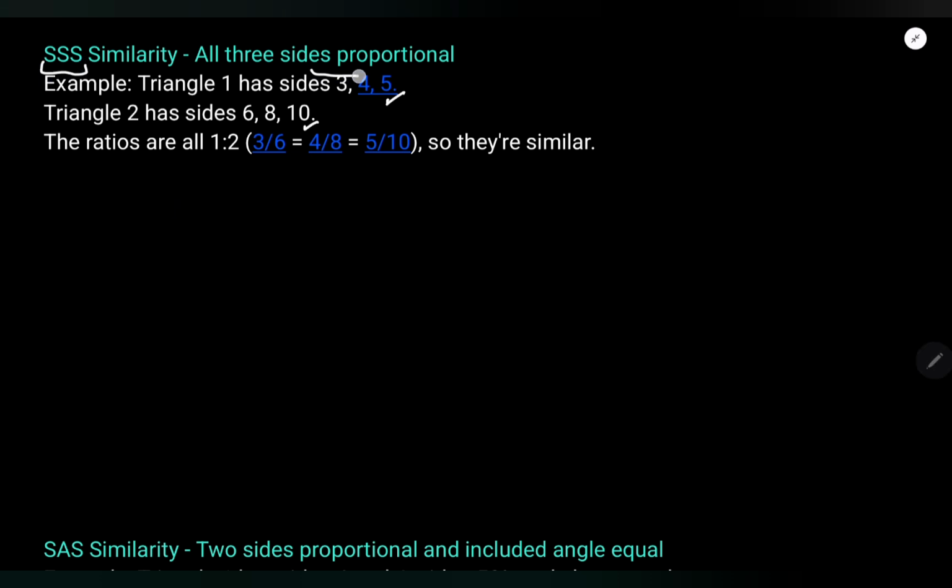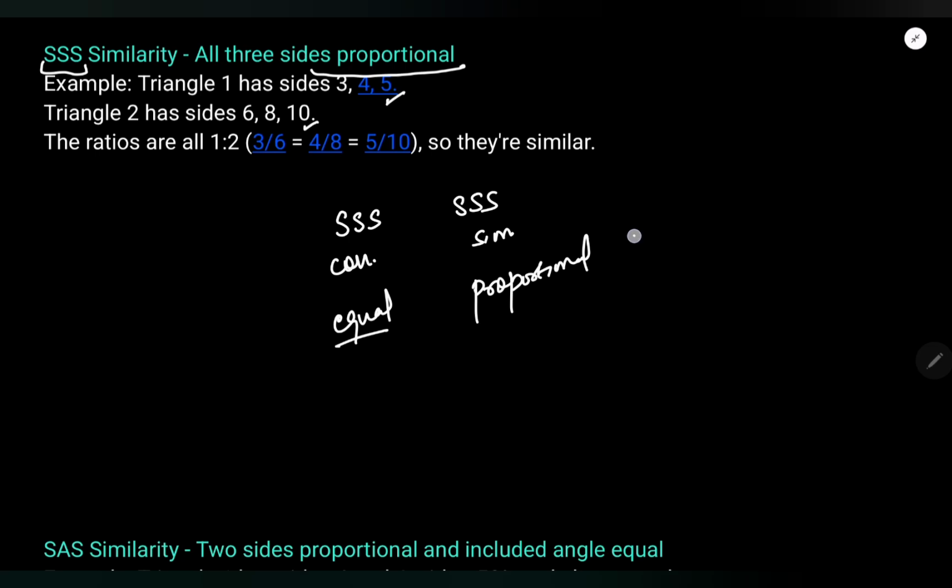Here sides are proportional. This is the difference between SSS congruency and SSS similarity. Here equal sides and here proportional sides. Proportional means suppose I say one is 2, 3 and then another is 6. It cannot be a triangle.